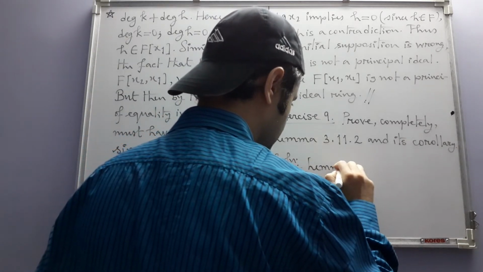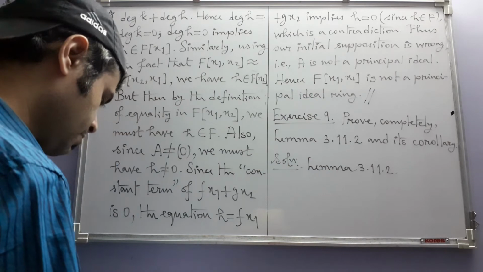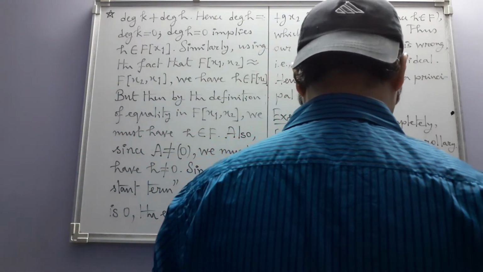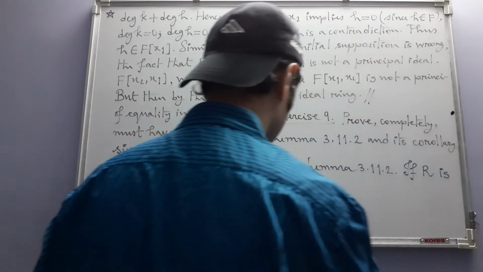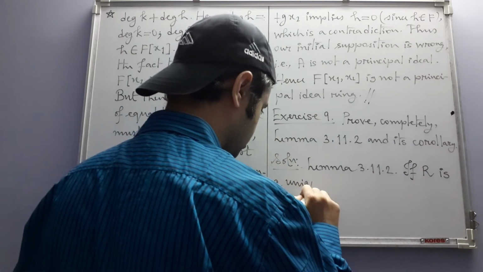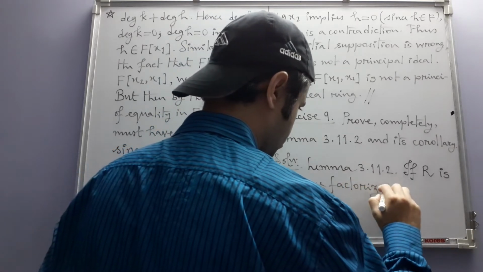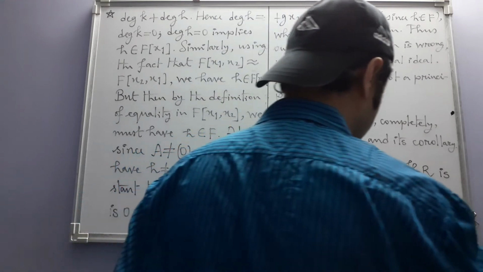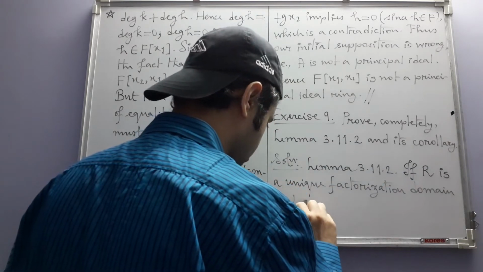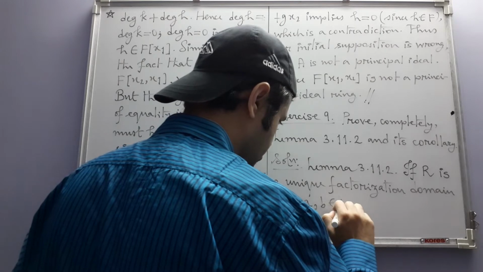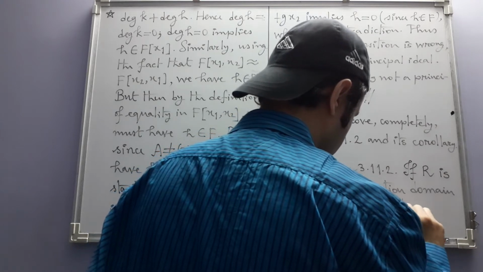The statement is this: if R is a unique factorization domain and A and B belong to R, not both 0.